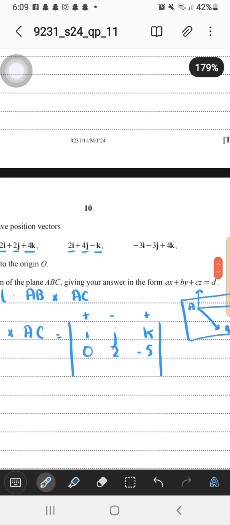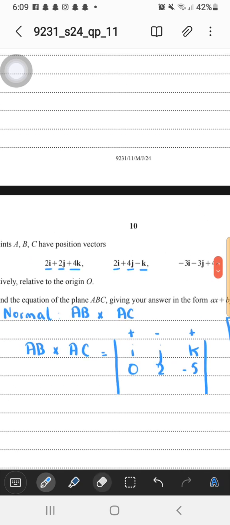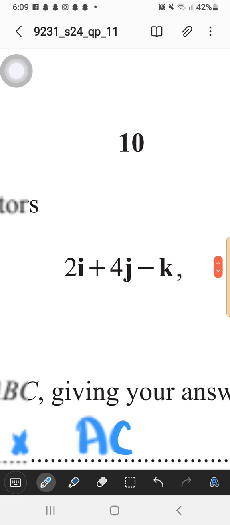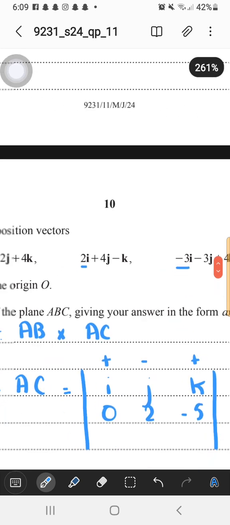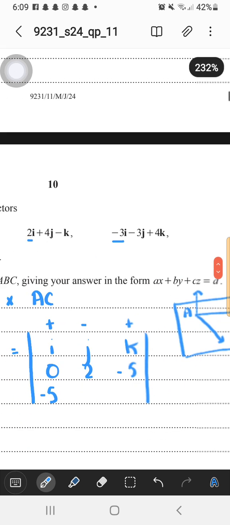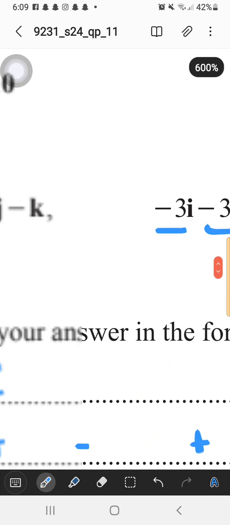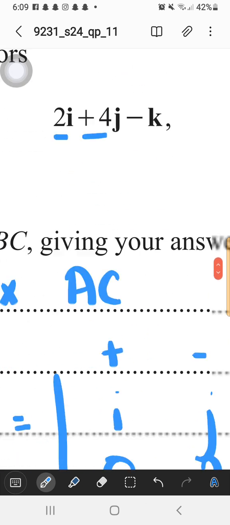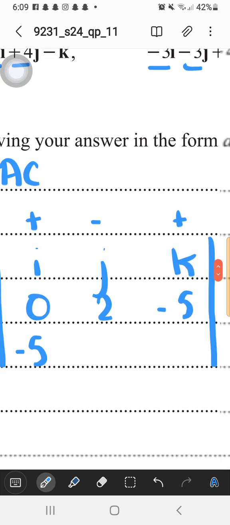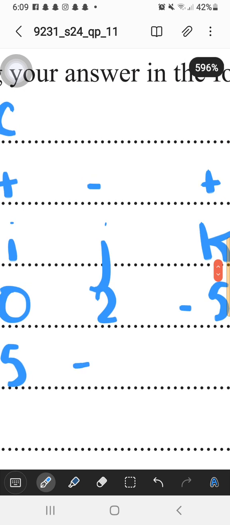Okay, let's talk about AC. So C is on the last, so it will be first here. Minus 3 minus 2 becomes minus 5. Minus 3 plus 4 become minus 3 minus 4, so it becomes minus 7.